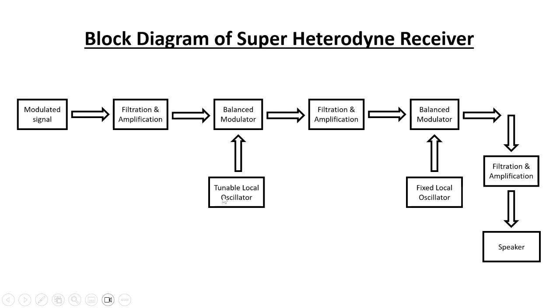Here we have the sum, 1 megahertz plus, you can take 545 kilohertz. So the sum of these two, 1 megahertz and 545 kilohertz, and the difference of these two, 1 megahertz minus 545 kilohertz. So the result will be here.